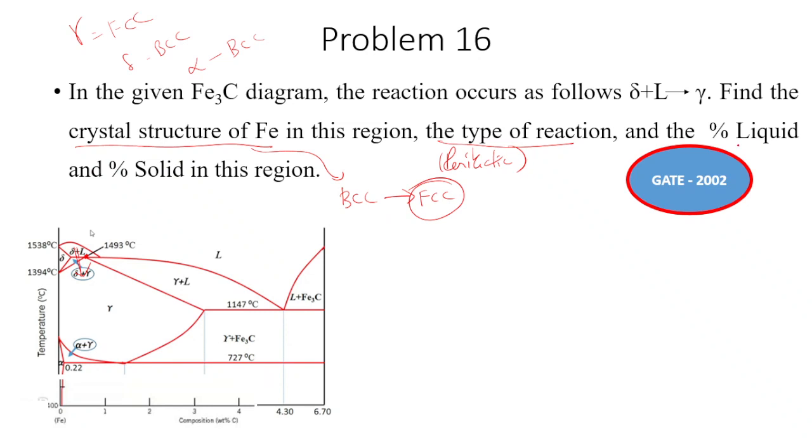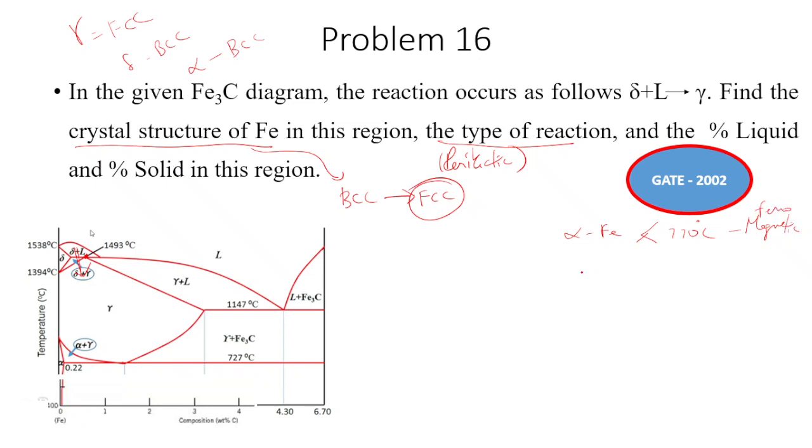And someone told about magnetic. If we take alpha iron below 770 degrees, it is magnetic, ferromagnetic.